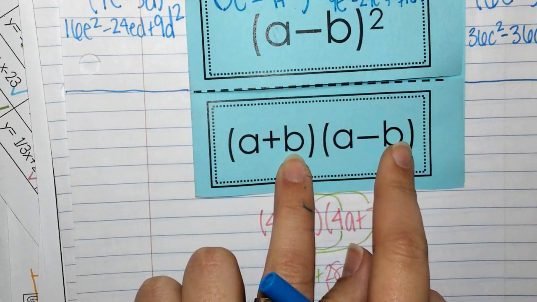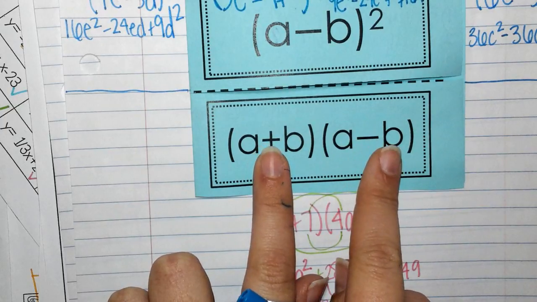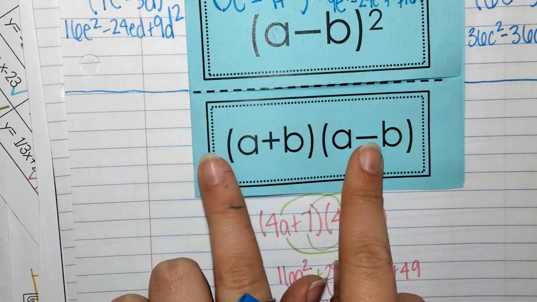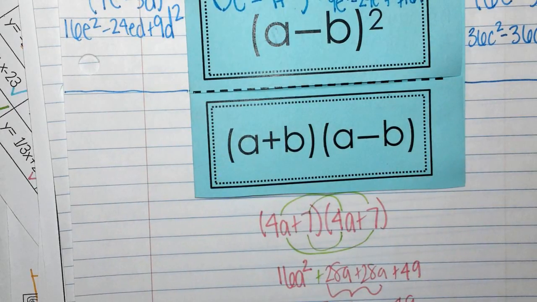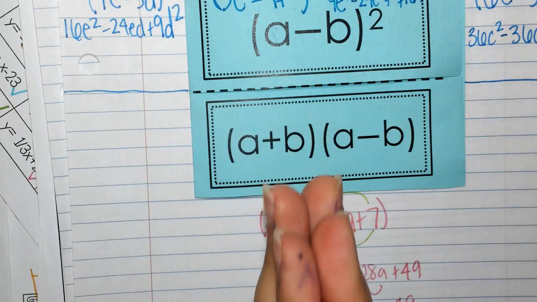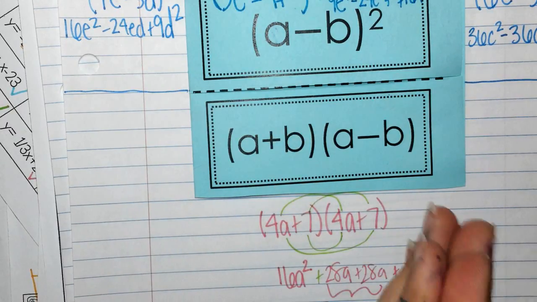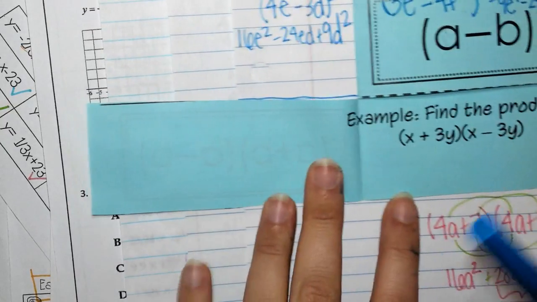The only thing that's different is we have a plus and a minus. We did this on our multiplying polynomials foldable, where we had d plus 5 times d minus 5. You guys remember that? And do you remember that the middle ones canceled each other, and we ended up with just d squared minus 25? So open this.